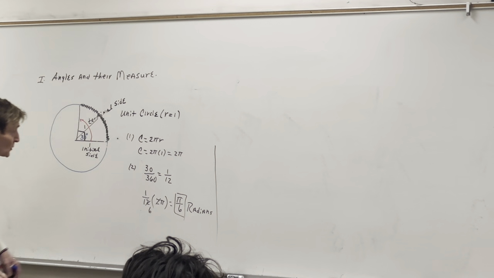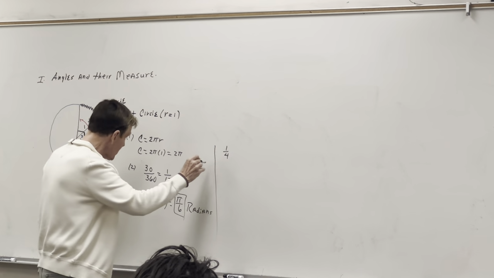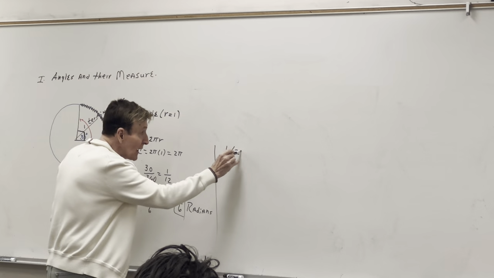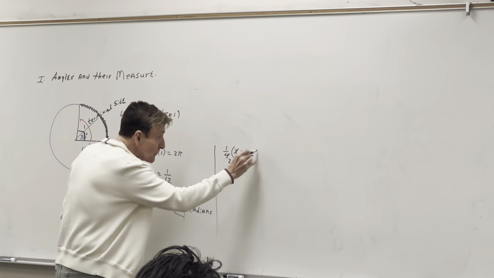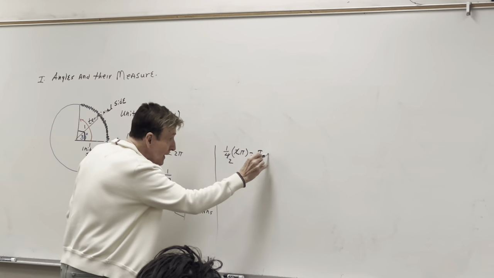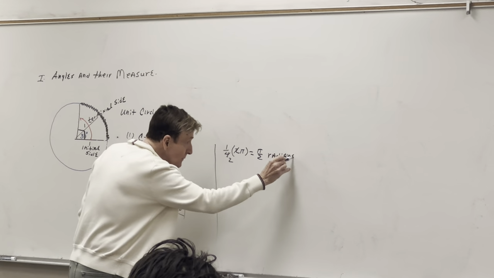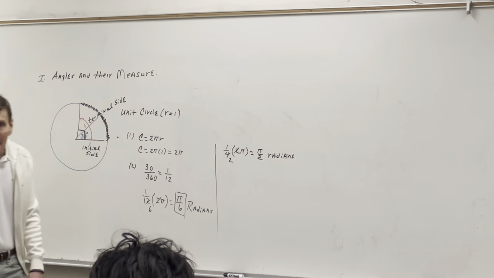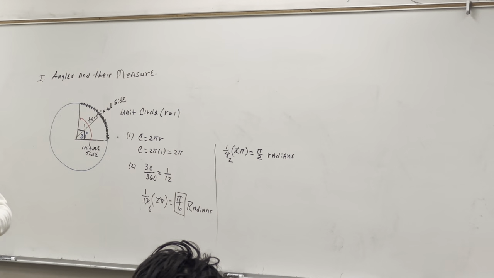I'm going to do 1/4 of 2 pi. And guys, cancel a little bit here, 2 and 4. We get pi over 2. And this is the measure, pi over 2 radians. So now we're going to think of 90 degrees in this new measure as being pi over 2 radians.